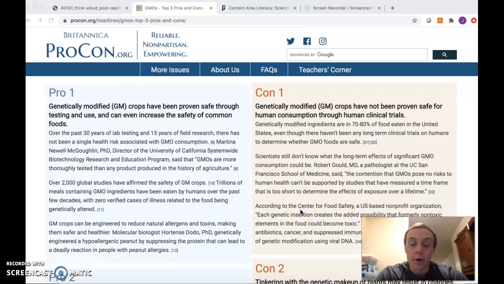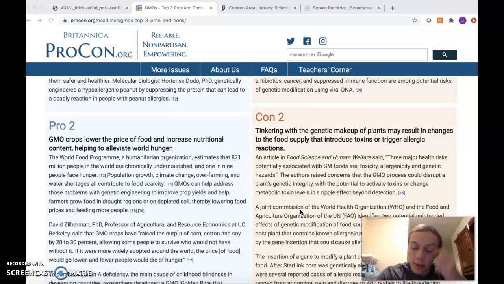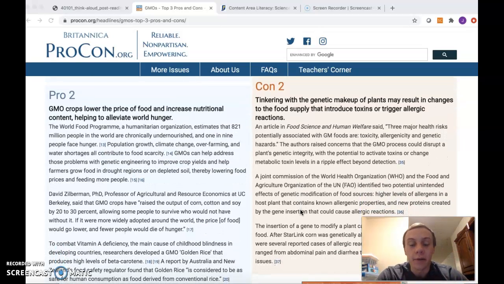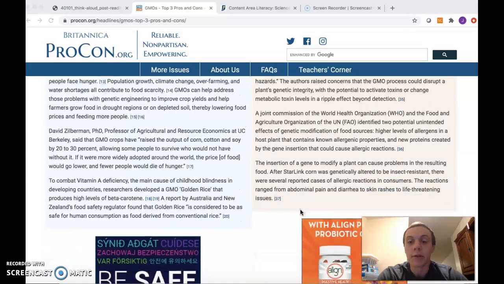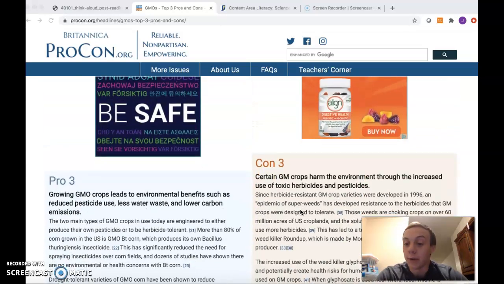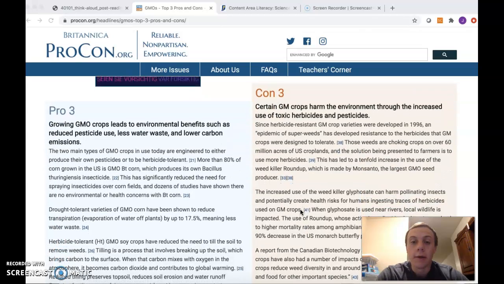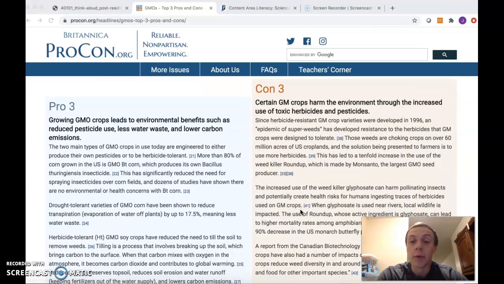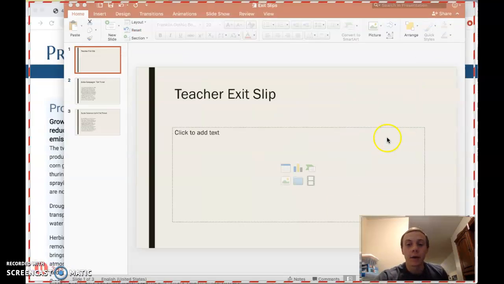And so there's this idea that maybe it's not as safe as we think, and maybe it's not sustainable, it's not going to feed the world, but it's actually going to negatively affect human health and negatively affect the environment as well through increasing the use of herbicides and pesticides. So that's a summary of what we read.